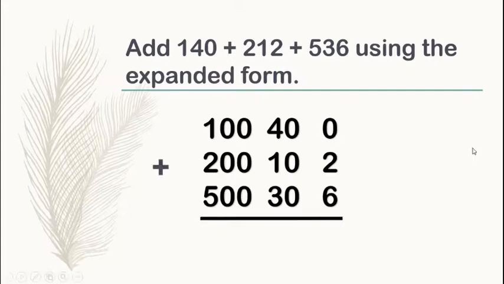So we need to add the following. Start with your ones. 0 plus 2 plus 6, we get 8. How about in your tens? 40 plus 10 plus 30, we got this partial sum of 80. How about in your hundreds? 100 plus 200, that is 300, plus 500, it's 800.